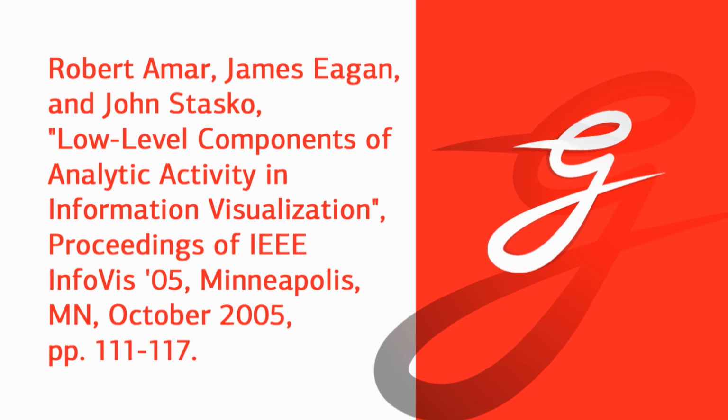And what are those analytical tasks which people are doing with the data? Whenever we talk about small data or big data, we can think about different analytical tasks which people want to do with that data. There's a great framework provided by Amar, Egan, and Stasko, which limits the list of different analytical tasks.